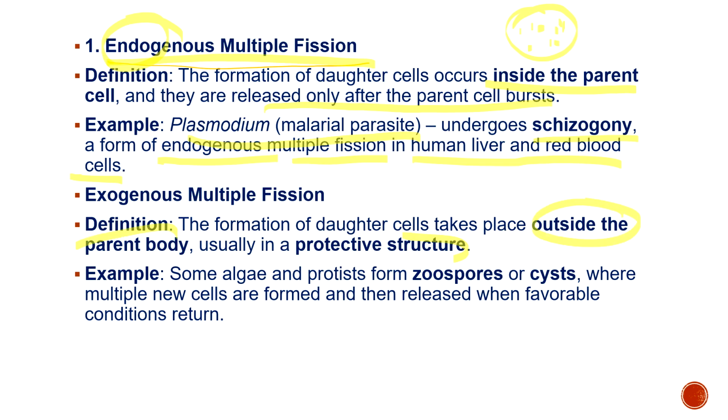This occurs in protists and algae, which form zoospores or cysts, where multiple new cells are formed and then released when favorable conditions return. Cysts contain new cells, and when they come out they form new cells, released when they reach favorable conditions.